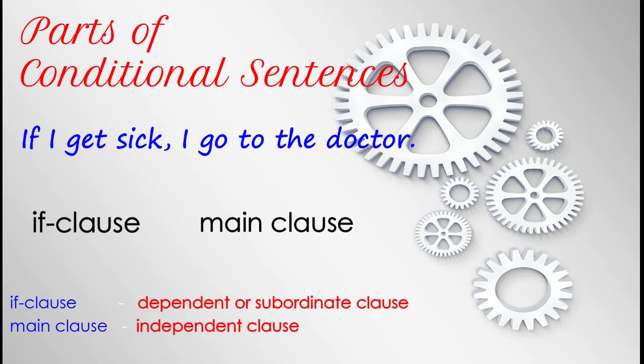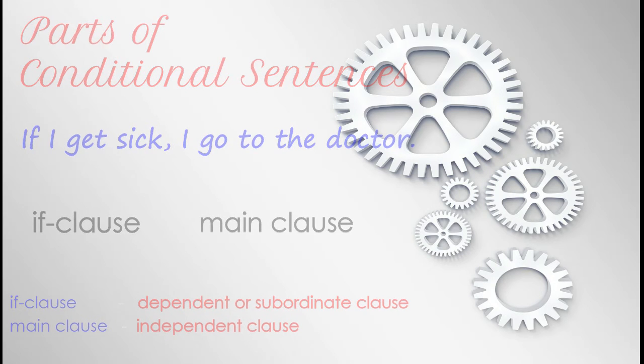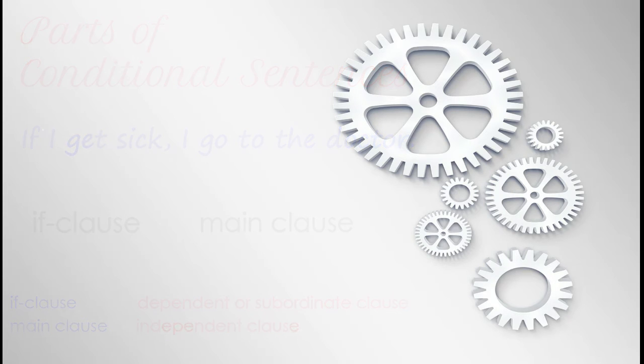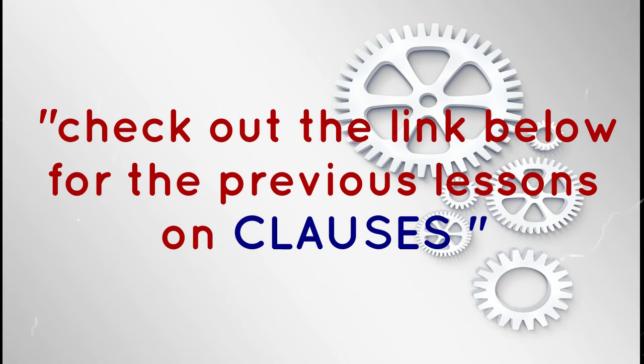That is why it is a dependent clause or subordinate clause. The other part is the main clause. It has a subject and a verb, and it makes sense. It has a meaning. The main clause is called the independent clause. If you want to learn more about clauses, please watch my previous video on clauses.